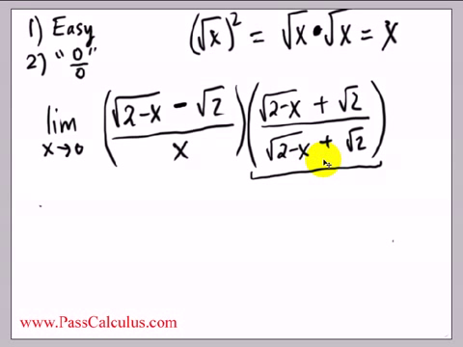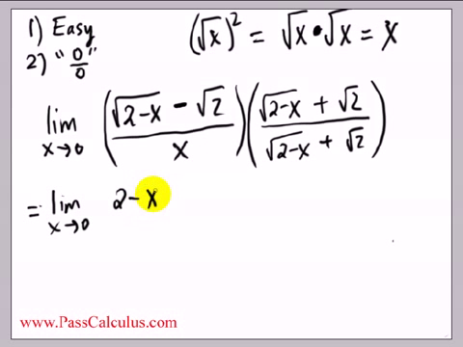Now, let's multiply this out. Let's see what happens. The root of 2 minus x times the root of 2 minus x, just like up here, that's just 2 minus x. And notice the outer term and the inner term, those cancel.